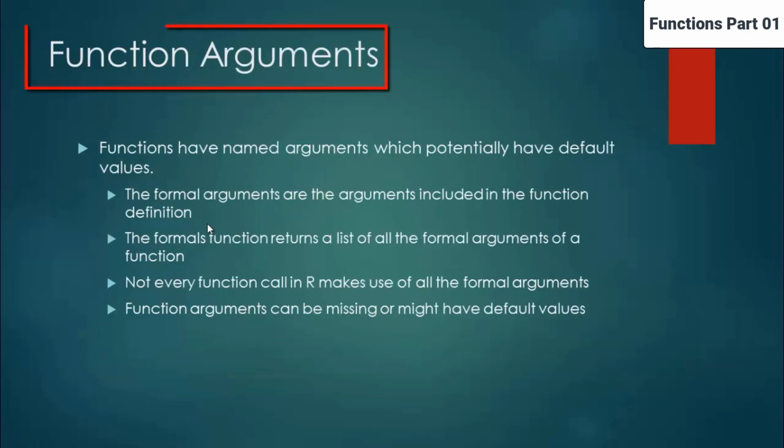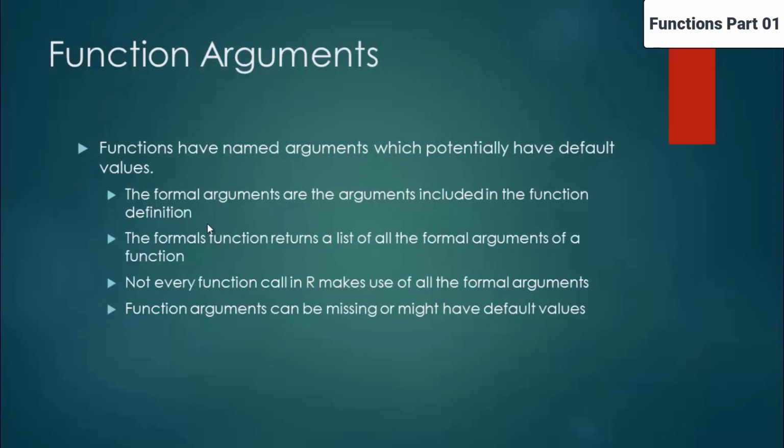What are these function arguments? You have named arguments, which potentially have default values. The formal arguments are the arguments included in the function definition. Every function will have a definition which says the number of arguments that get passed in, and the nature of the arguments, like whether it is a character or integer, or anything else.